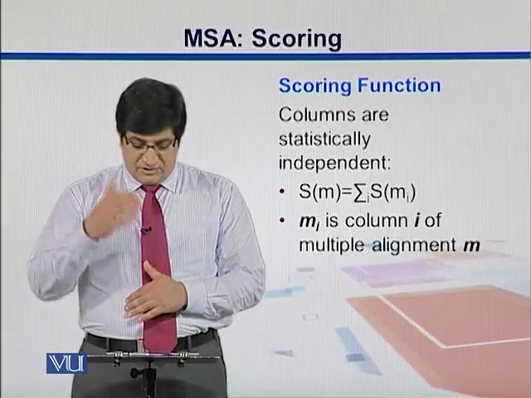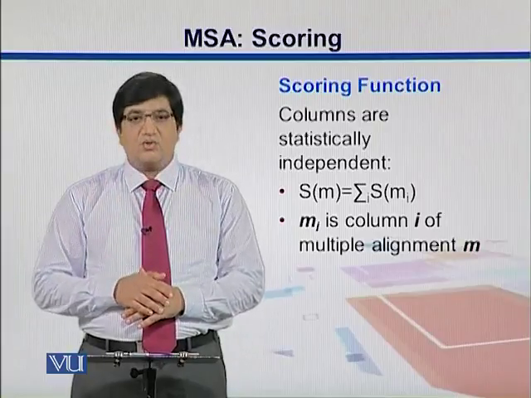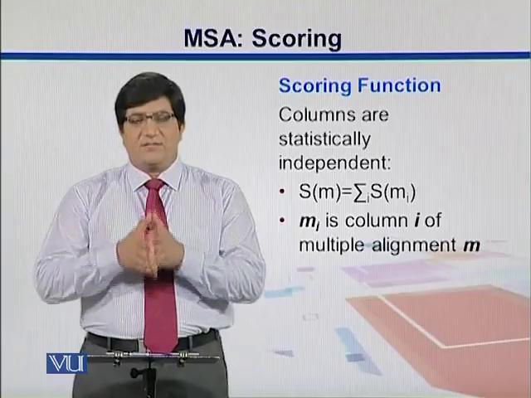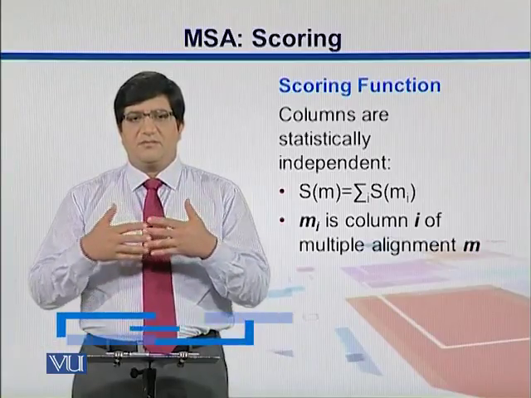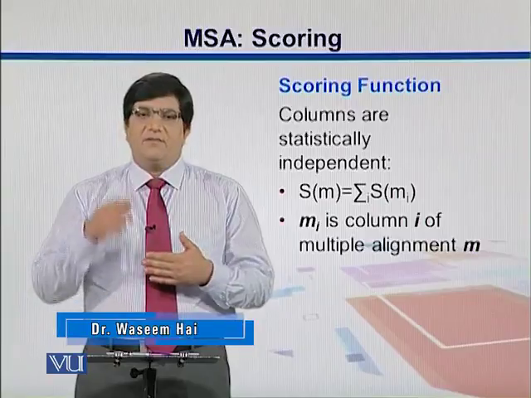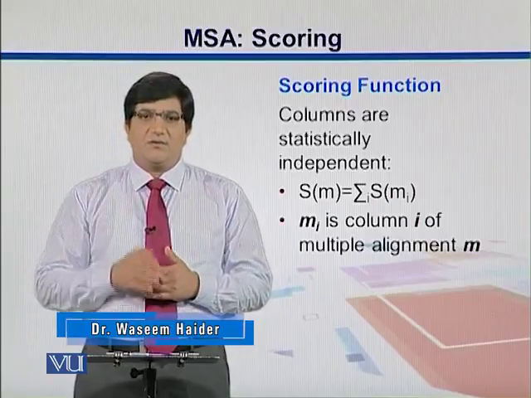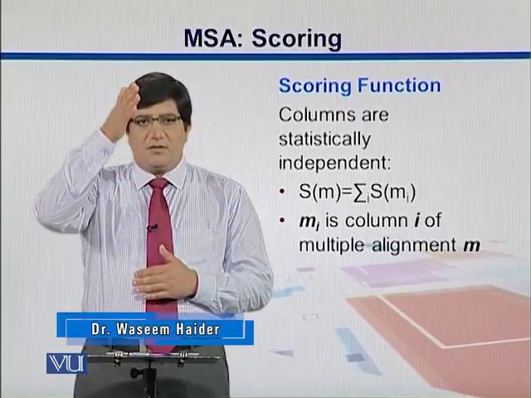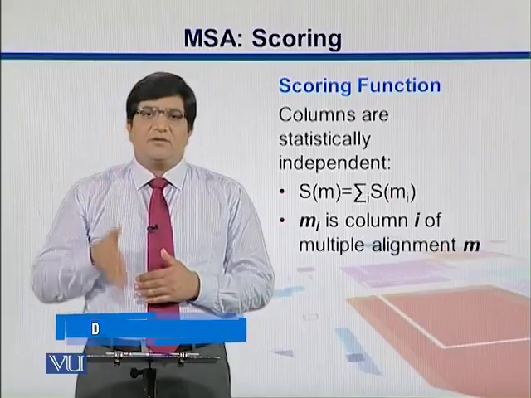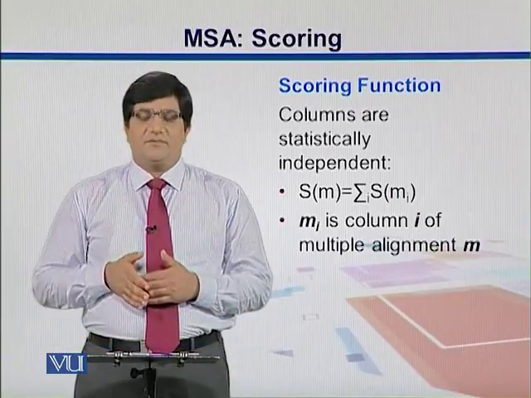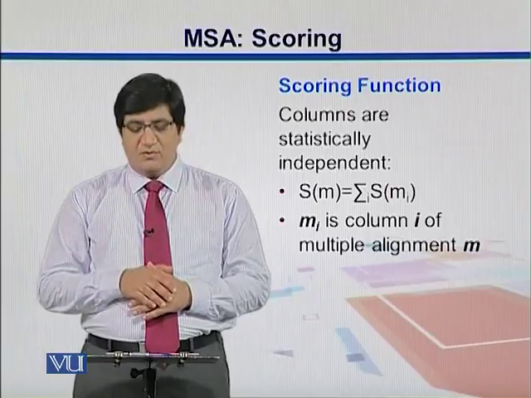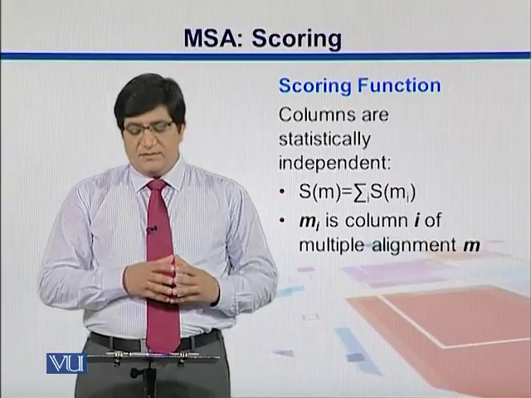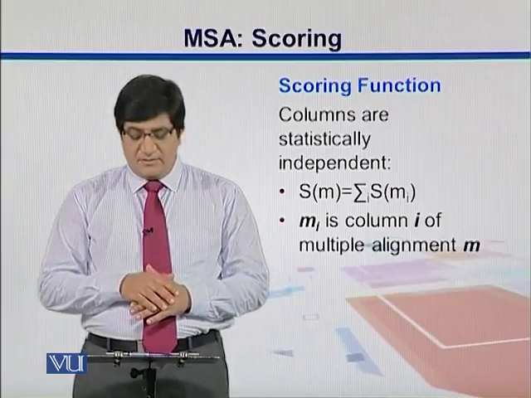While we are doing these scores, we take the individual positions as columns. We do those multiple sequence alignments, and then we look at each nucleotide position as a column, in which different nucleotides from different sequences are put together from top to bottom. We assume that these columns are statistically independent.